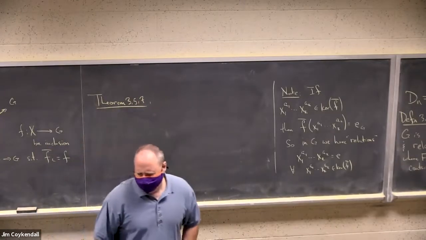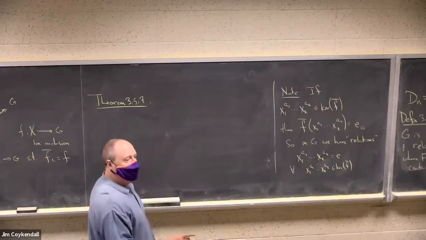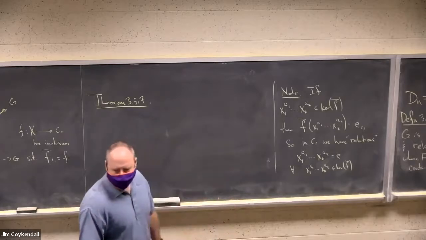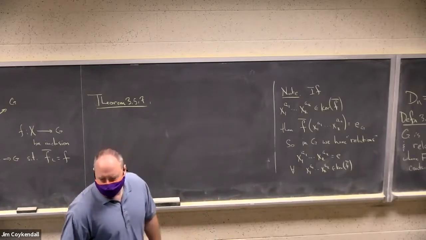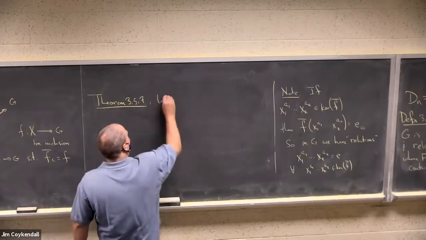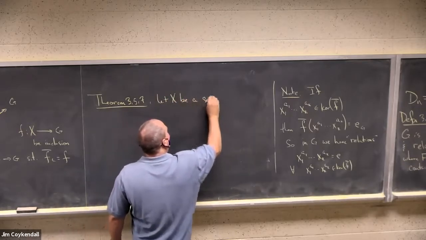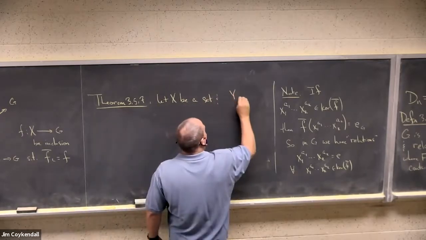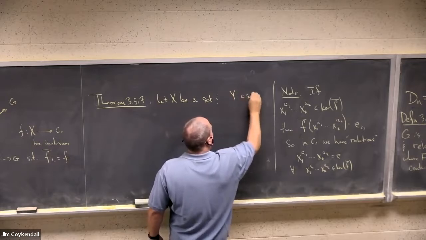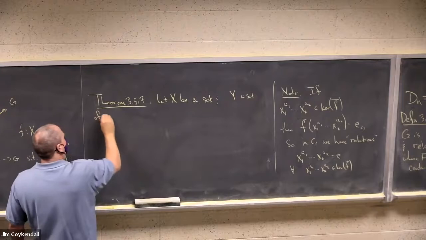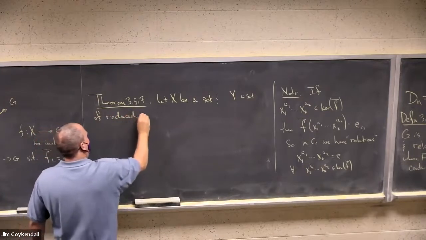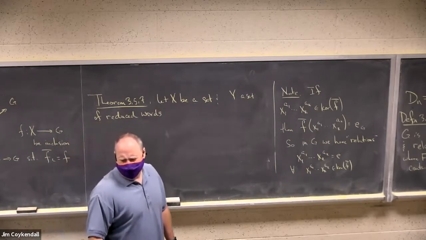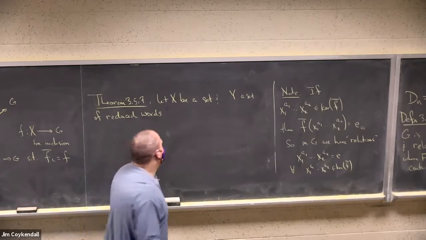Theorem 357. Let X be a set. So this actually, I think Jared, I think you asked a question earlier, a long time ago in class, and this may contribute to my answer to that. Let X be a set and Y a set of reduced words, and G the group generated by this.